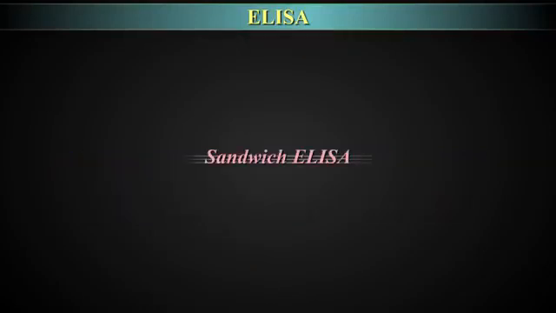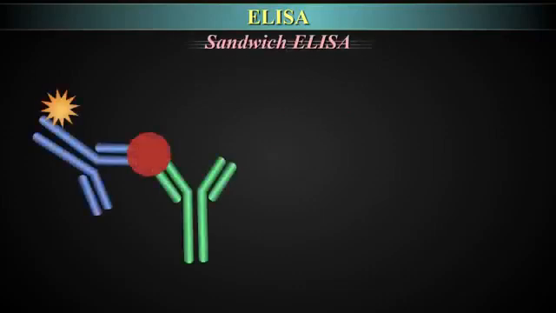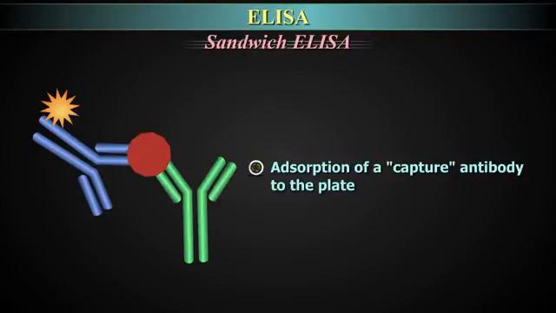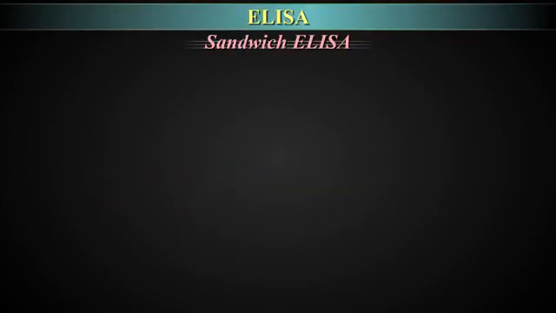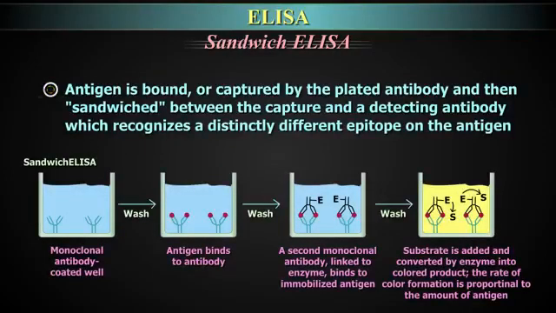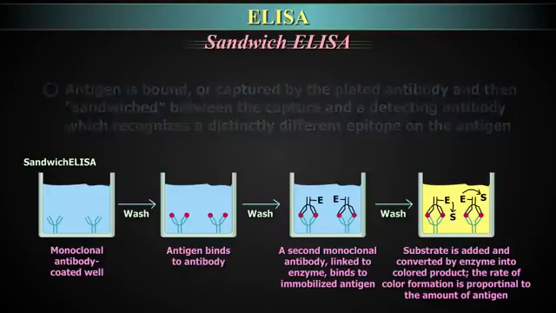Sandwich ELISA. The differentiating feature of a sandwich ELISA is the adsorption of a capture antibody to the plate. Antigen is bound or captured by the plated antibody and then sandwiched between the capture and a detective antibody, which recognizes a distinctly different epitope on the antigen.